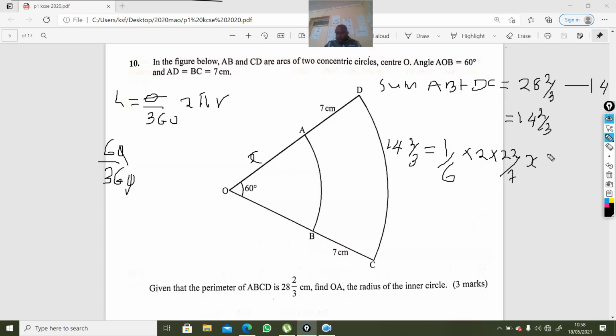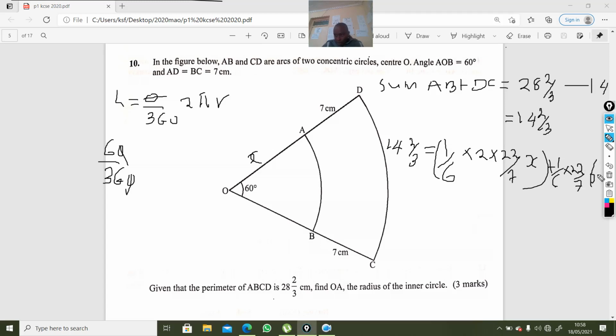Then plus whatever you get for the other one, that is 1 over 6, because the angle is the same, 1 over 6 times 2 times 22 over 7 times the radius.